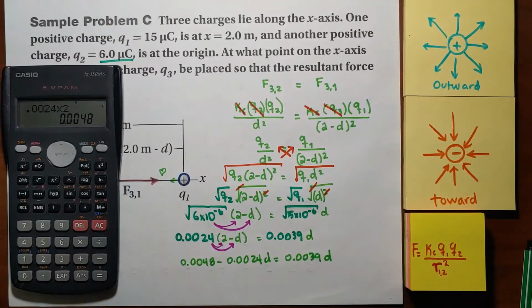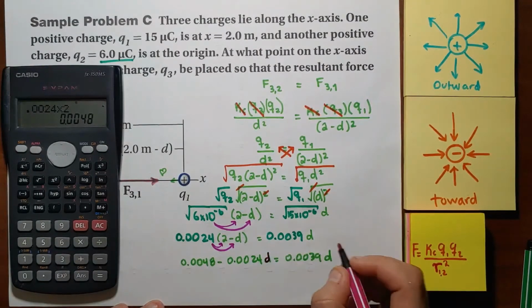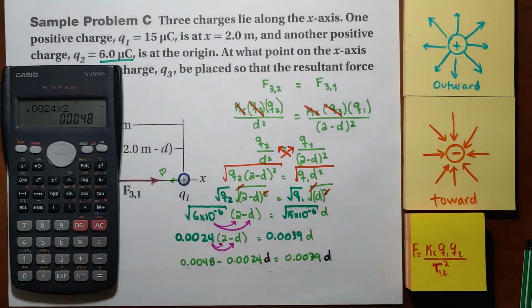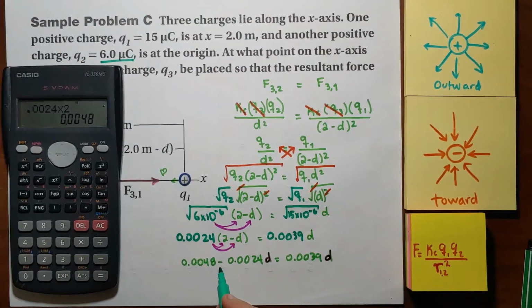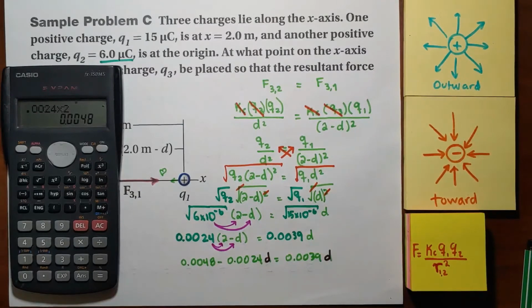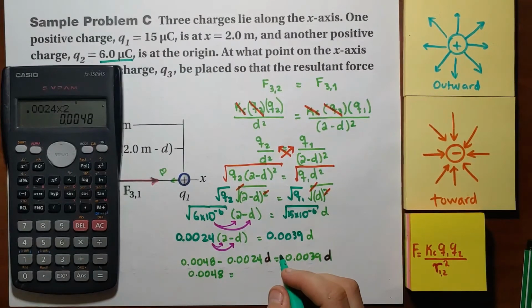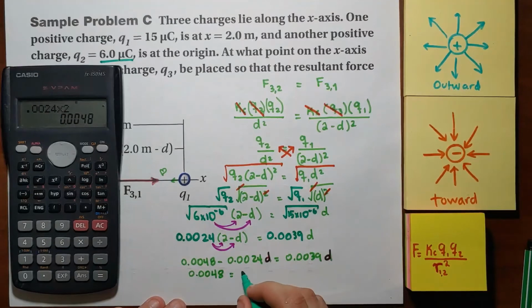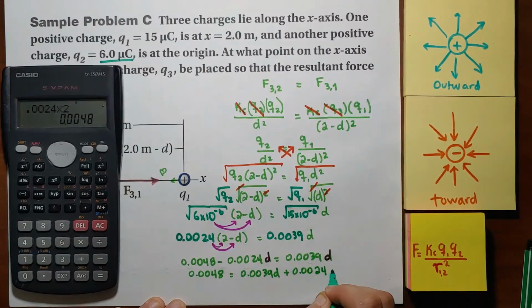Okay, so what we do is place my variables d in one single side. This one is subtracting, so it goes to the other side to add. So you're going to have 0.0048 equals 0.0039d plus 0.0024d.